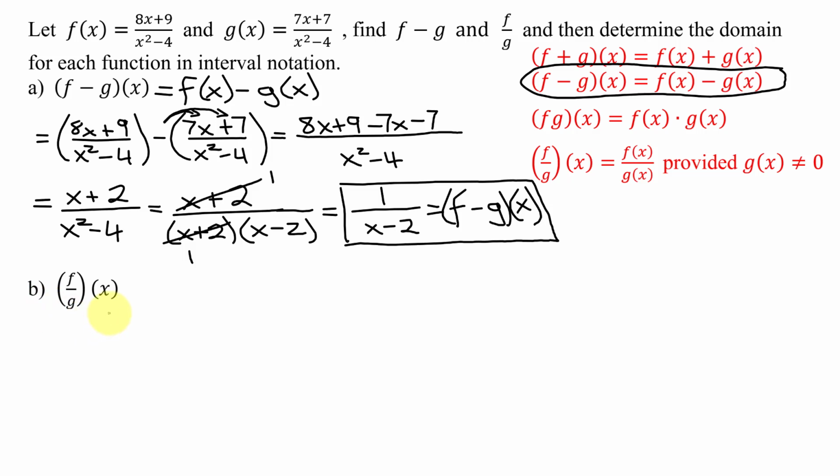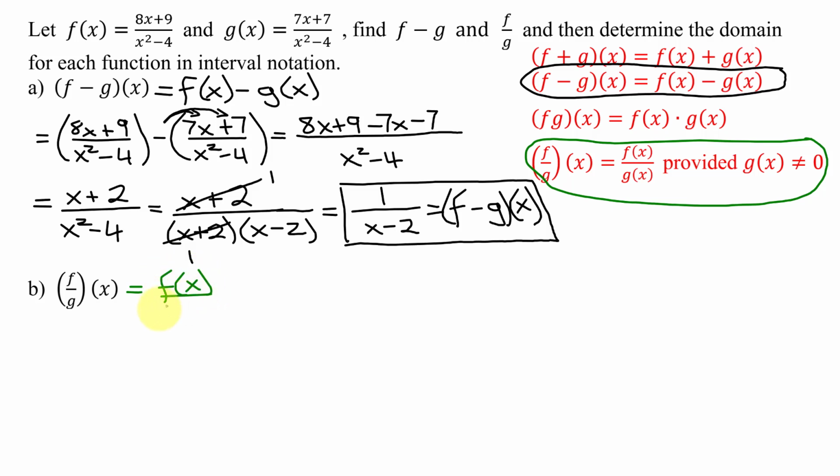Next, I need to find the quotient function f divided by g of x. And by definition, that equals f of x divided by g of x, provided g of x does not equal 0. So in this case, it's going to be f of x divided by g of x. And what is f of x?